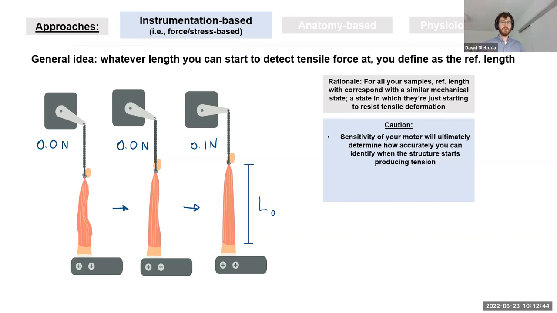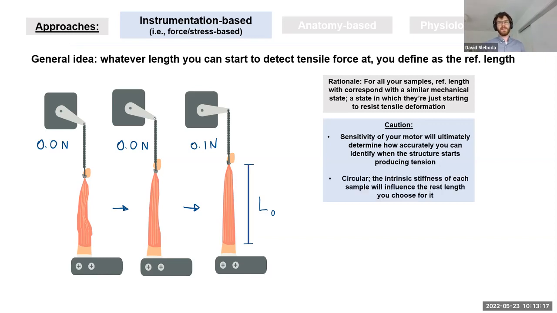And practically, whether or not the error that introduces is going to be important or significant enough to affect your results is going to depend on how sensitive your transducers are and the material properties of the material you're studying. But I think ultimately it is important to at least be aware that when you're using this approach, it essentially boils down to a force-based approach where you've defined a force that you're going to stretch your sample to and call that your reference length.